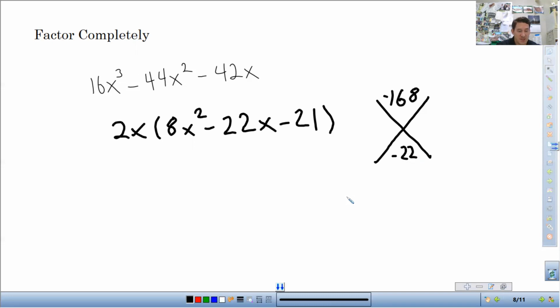Let's see, 168 divided by 16. Nope. I'm just doing some guess and check. 168 divided by 20, it's not going to be 20, is it? No. 168 divided by 32? No. Yeah, this one's tough.